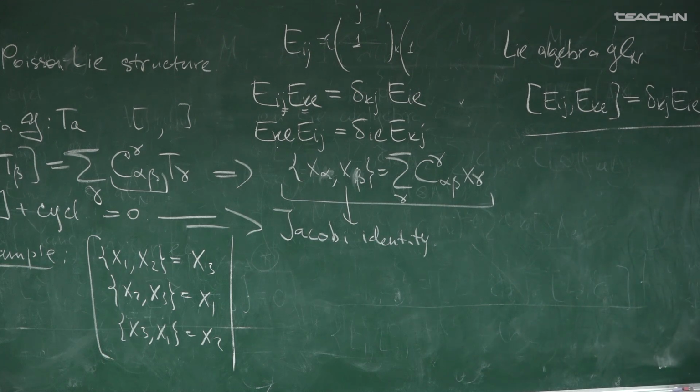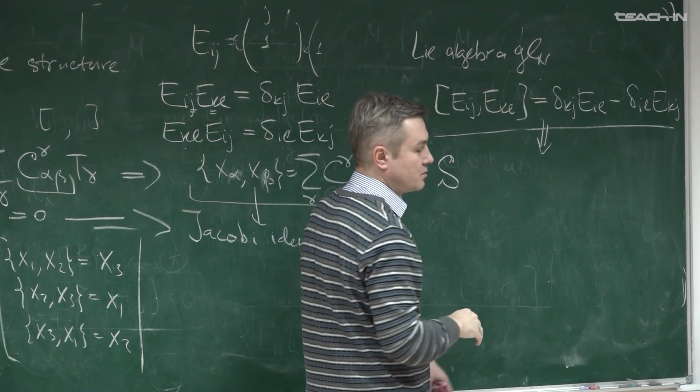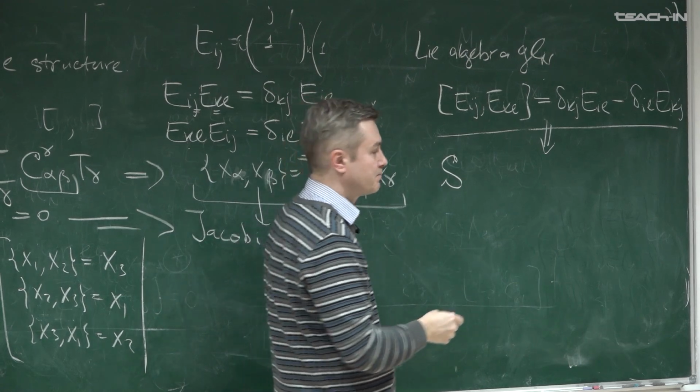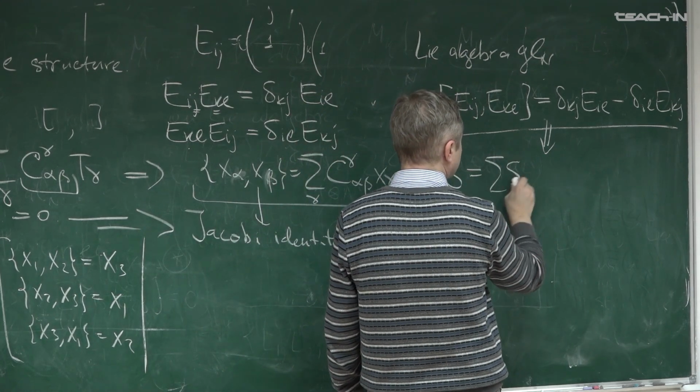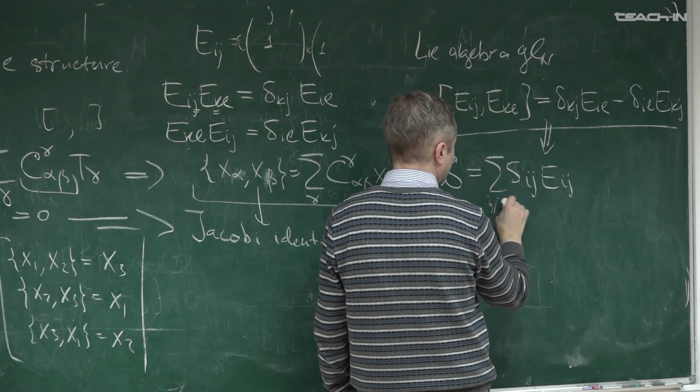And according to our rule, which we just discussed, we may now define a set of Poisson brackets. Suppose we have some matrix which is going to be a matrix of dynamical variables, with matrix elements S_ij, where i, j go from 1 to n.